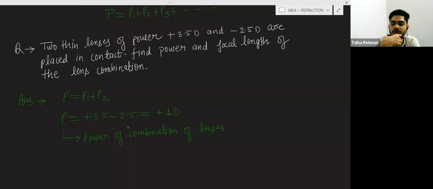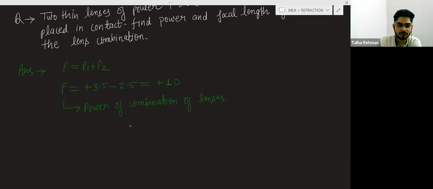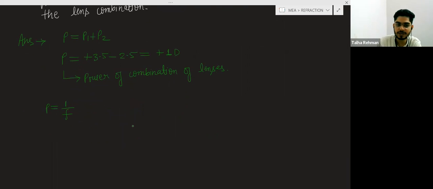Now we have power and we want to calculate the focal length. So we will apply this formula. Power is equal to 1 upon focal length in meter. We will get from here focal length is equal to 1 upon power. Power is plus 1 diopter. 1 by 1 is again 1.